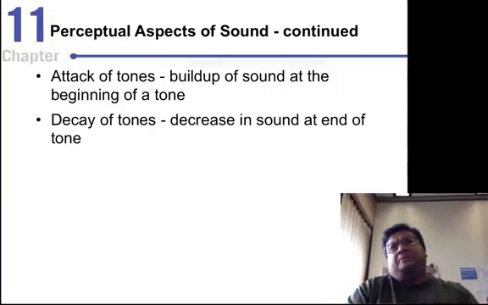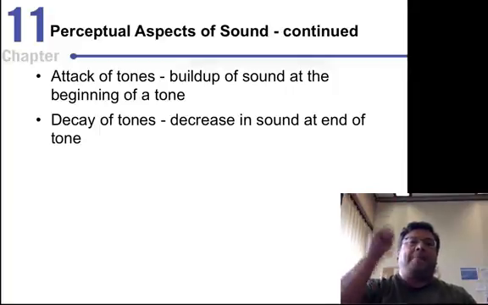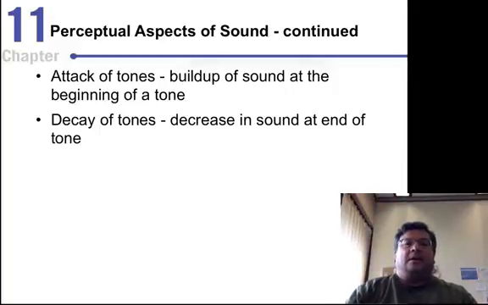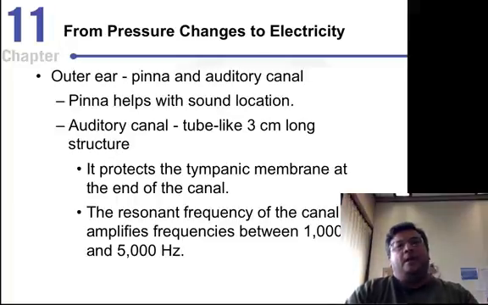So, for example, a bell. If you were to hit a chime or a bell, that's going to have a very sudden attack, bing, right? Whereas an instrument like a trumpet might have a much slower attack on a particular tone.